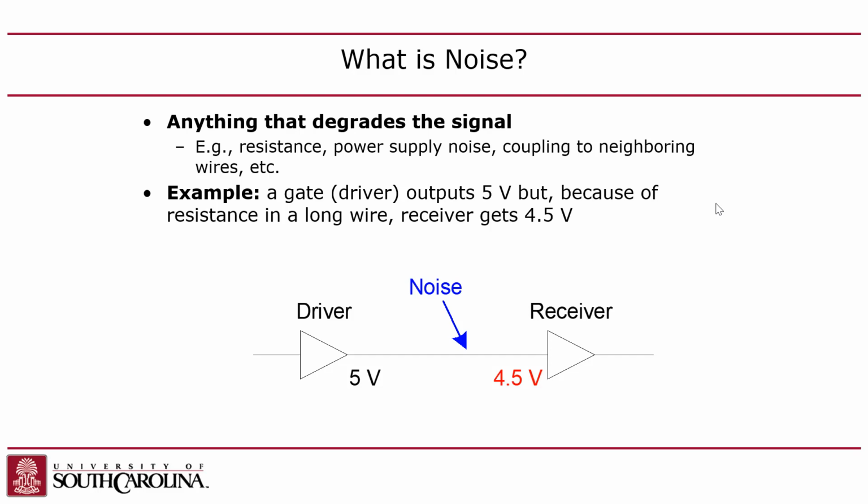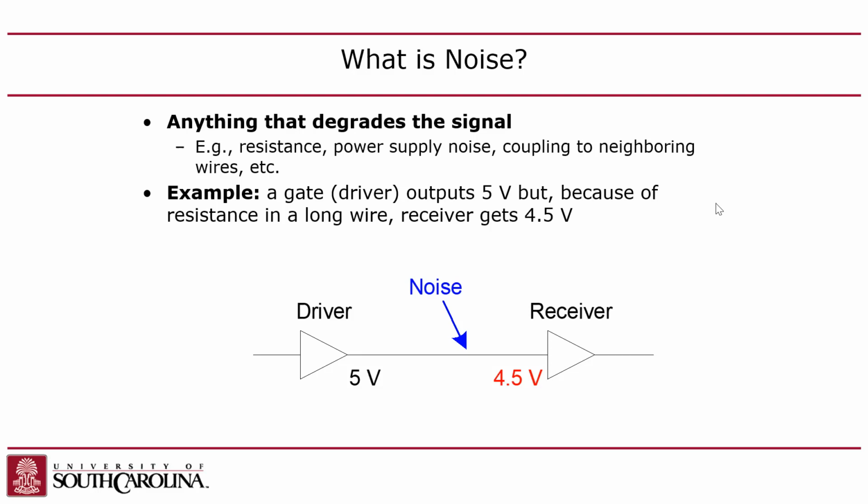But another thing you have to consider with that is noise. Wires are subject to noise, especially in a digital circuit, because whenever you switch a logic gate from 0 to 1 or 1 to 0, it temporarily shorts power and ground.